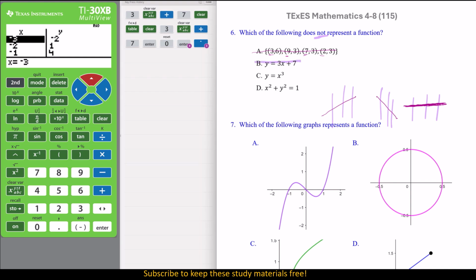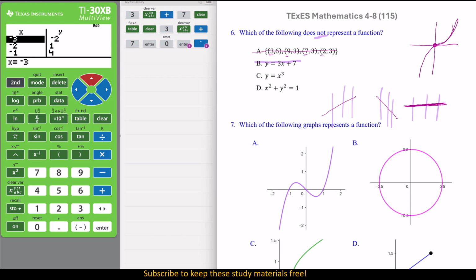Okay? Right? So now let's look at C. You might be tempted to say that that's not a function, but you need to know what that looks like. It looks like this. Okay? And here, that would be your origin.